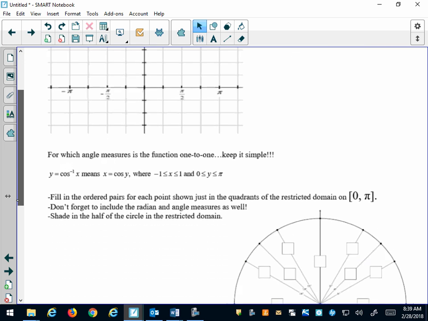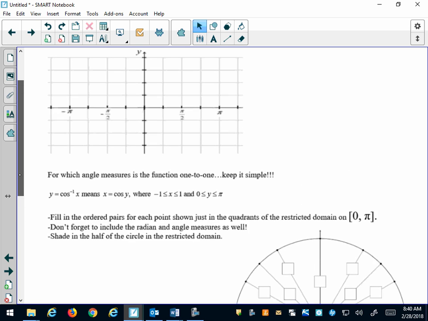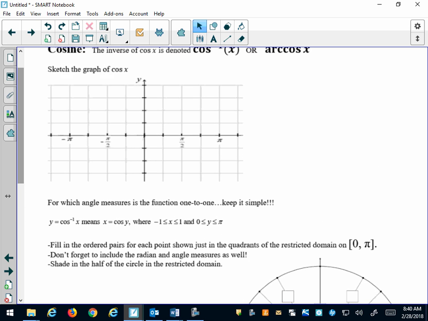Cosine. Okay, if we graph the cosine, which we did last class, we could make a whole table of values again and everything, but we really should remember what the graph of cosine looks like.